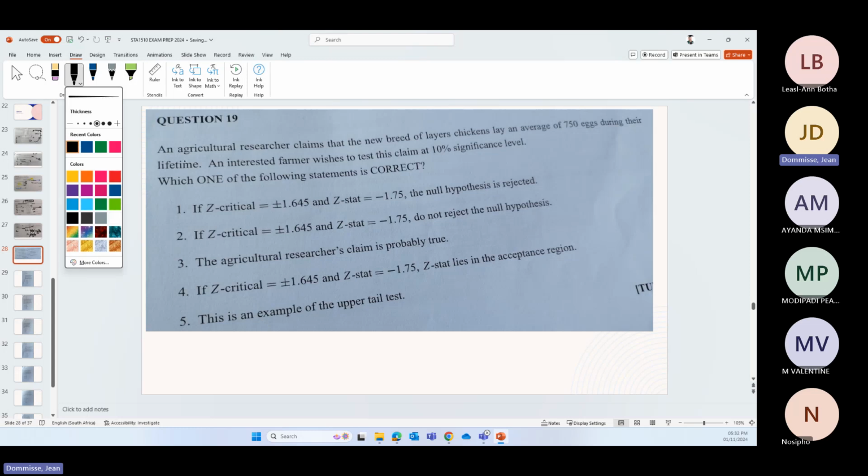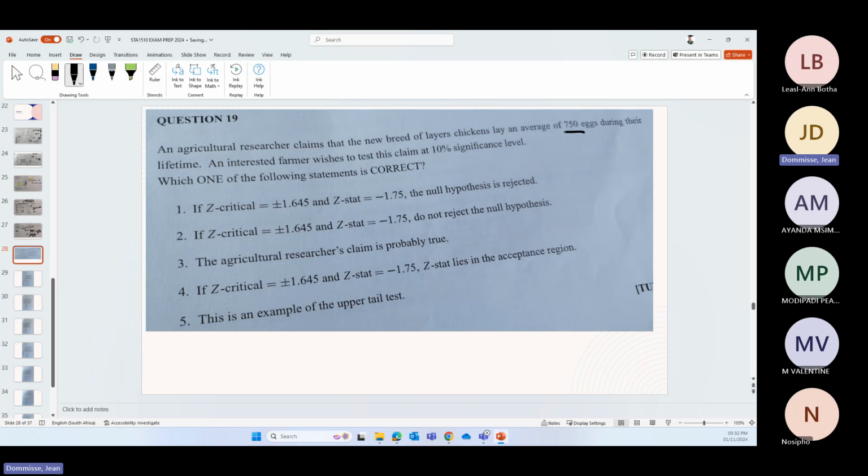An agricultural researcher claims that the new breed of layer chickens lay an average of 750 eggs during the lifetime. An interested farmer wishes to test this claim at 10% significance level. Which one of the following statements is correct?